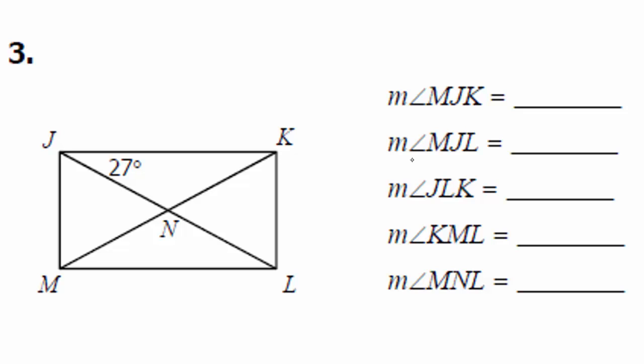So again, let's begin by marking this up. The only things you're really going to need is the fact that these are right angles, so go ahead and mark those, and that the diagonals bisect each other. So all four of these are going to be equal to each other in a rectangle.